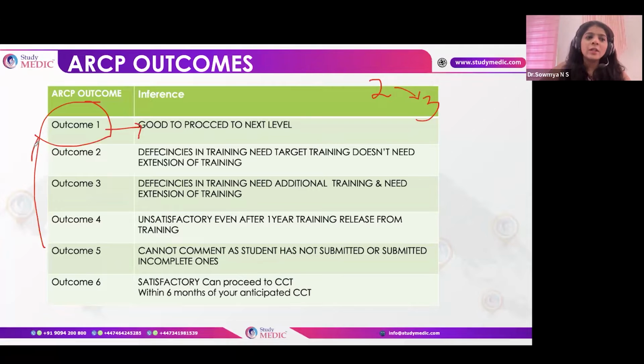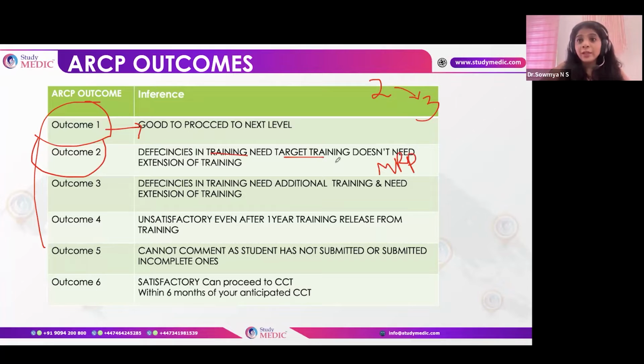Next, what is outcome 2? Outcome 2 means they mention there are deficiencies in training and you need targeted training, but it doesn't need extension of training. For example, if a person is not very good at a particular skill, let's take the skill of MRP, manual removal of placenta.